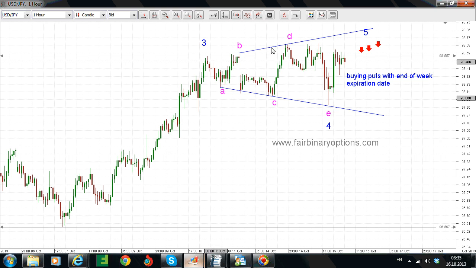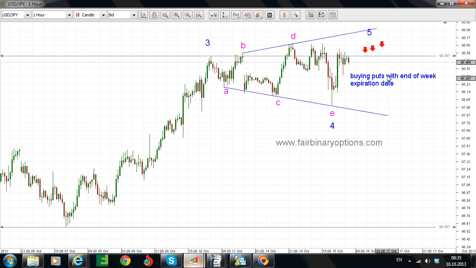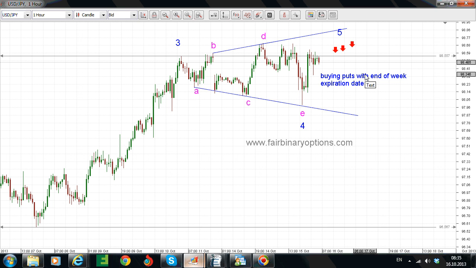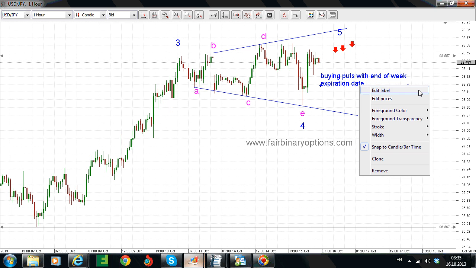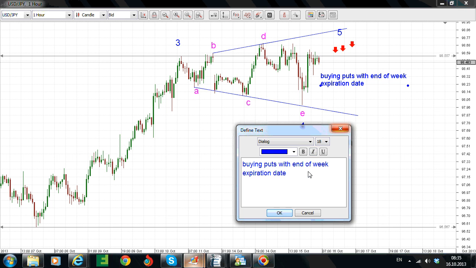So we are just having our 3rd, 4th, maybe the 5th, maybe a bit higher, but then we choose the expiration date only to avoid being trapped in a position we don't want to be. So either buying puts with end of week expiration date or 1 week expiration date, depending on what your broker allows.